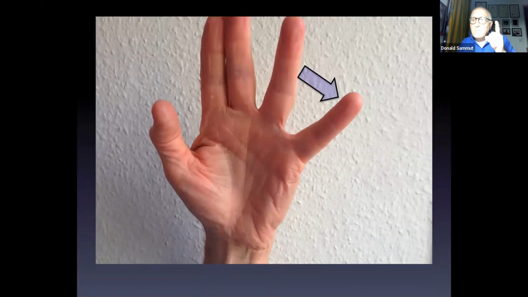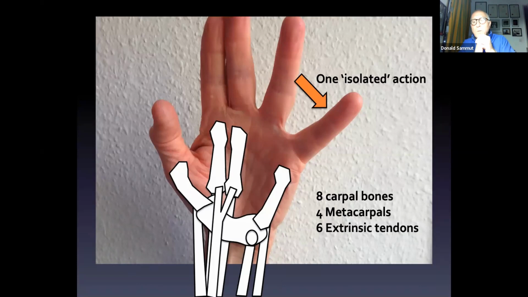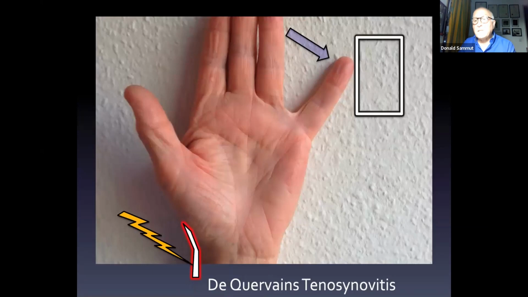Which means that the simple action, abduction of the little finger, needs the cooperation of 8 carpal bones, 4 metacarpals, and 6 extrinsic tendons. In fact, Wim has, again, cleverly devised this as a test for de Quervain's. If you resist abduction of the little finger, a tender and inflamed de Quervain's tenosynovitis will be painful and is much kinder than a Finkelstein test.